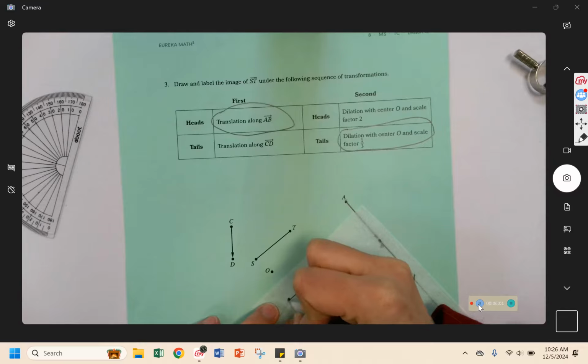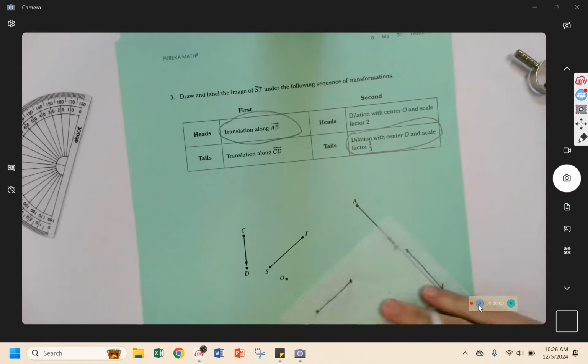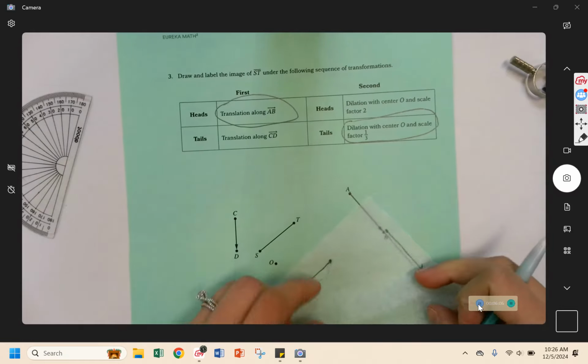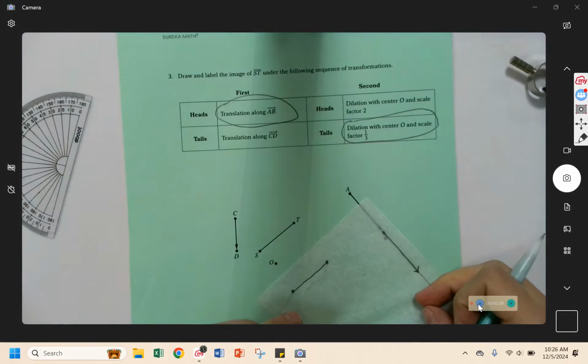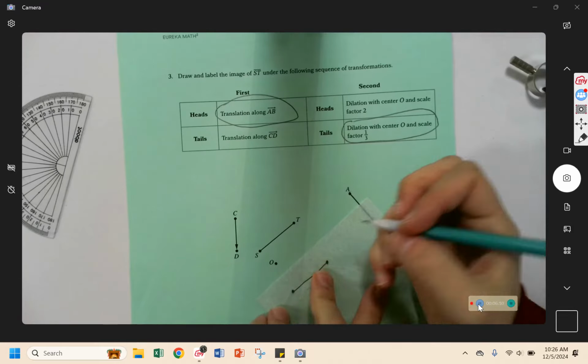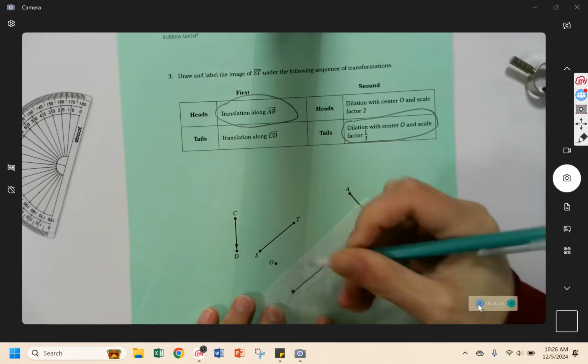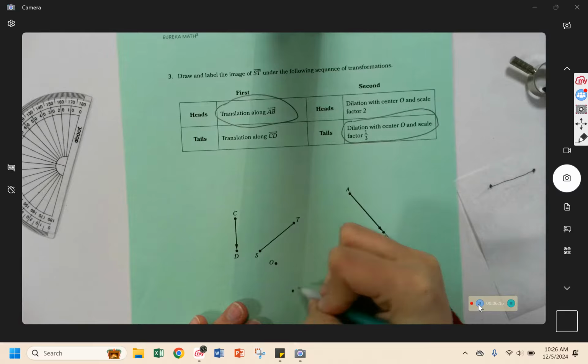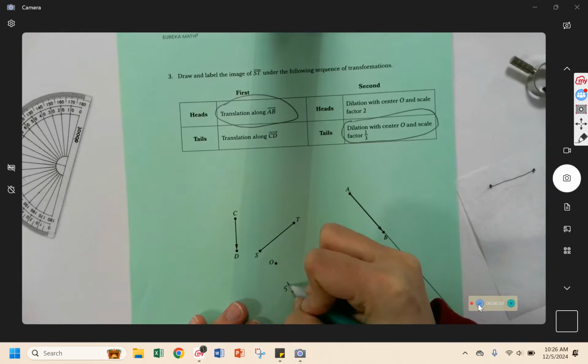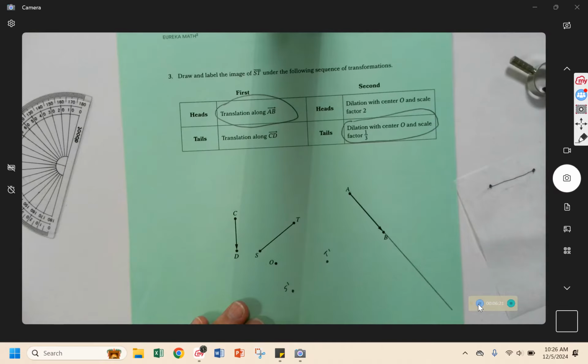Then we are going to place it in its new location, labeling it with S prime T prime. And connect it with a straight edge.